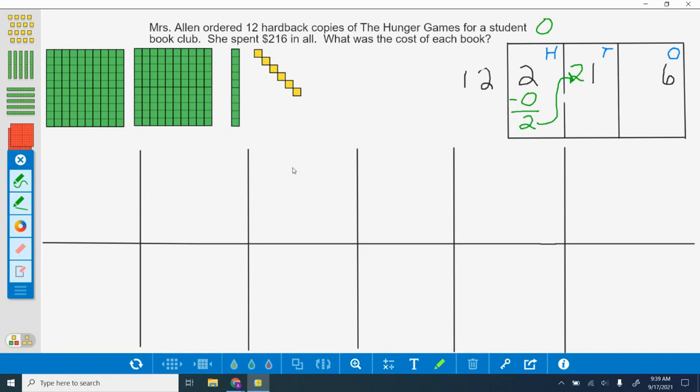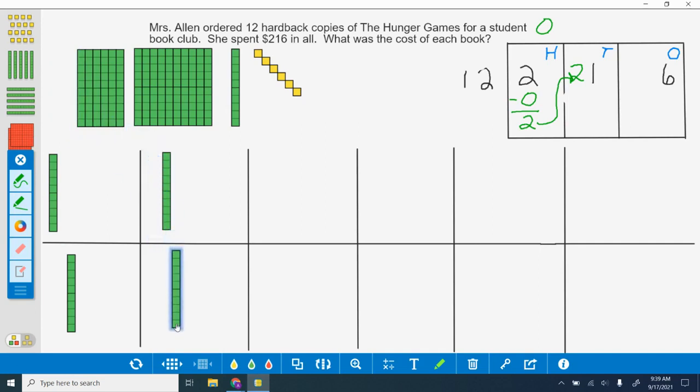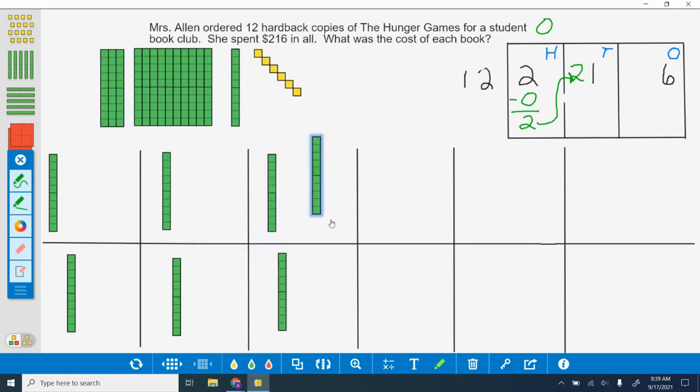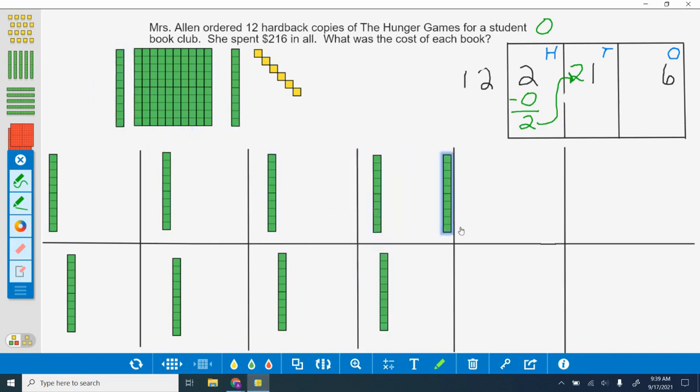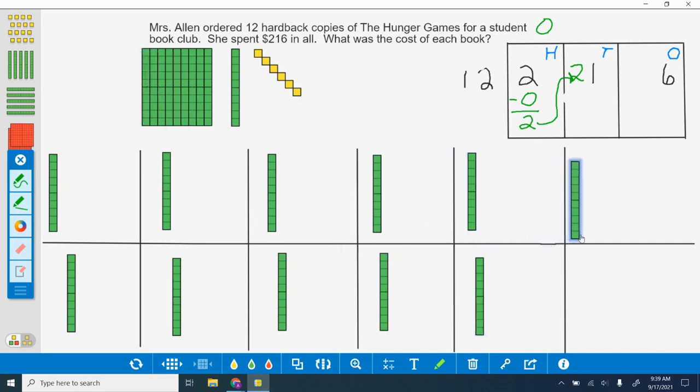Can I split those 21 tens into 12 groups? Let's go ahead and see. All right, I've placed 1 ten in each of the 12 groups.